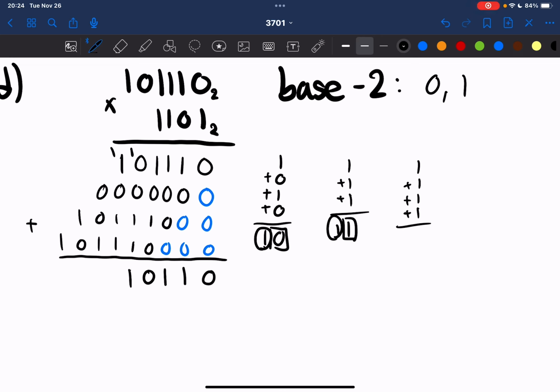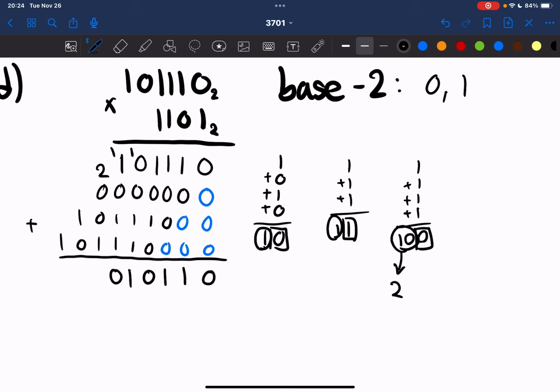That gives us 4, or 1, 0, 0. Right, now we've got 3 digits, so what do we actually do? Well, we still take that first digit there, and then we carry this whole second part. So we carry this 1, 0. You can also just write it out as 2, right? Because that is what it is. So let's put a 2 there to make it a bit simpler. But it's still 1, 0.